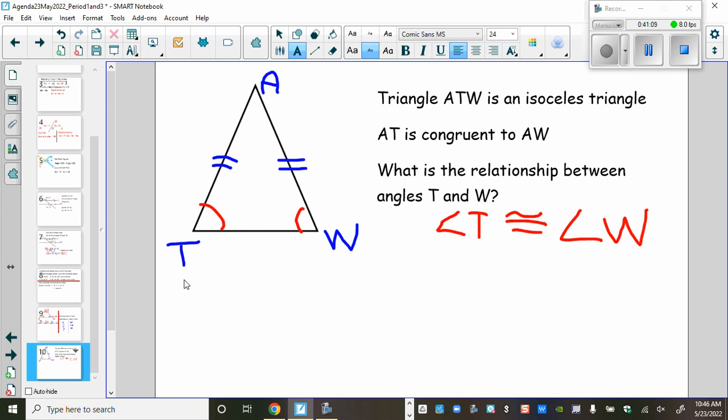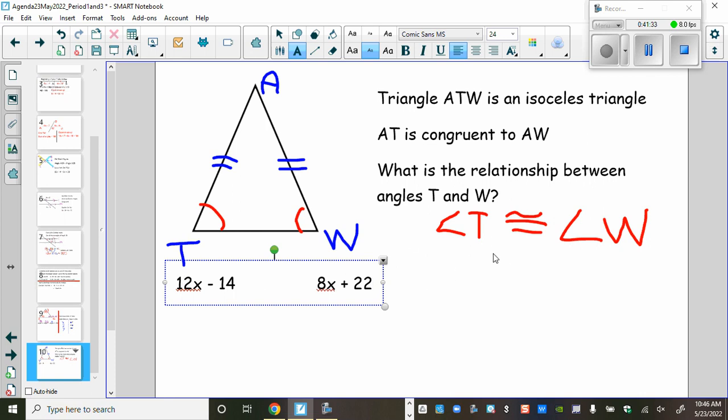So let's say we had measurements. Angle T is 12x minus 14. Angle W, 8x plus 22.